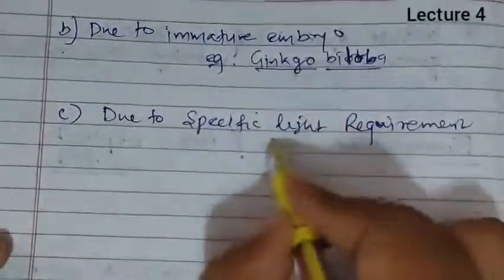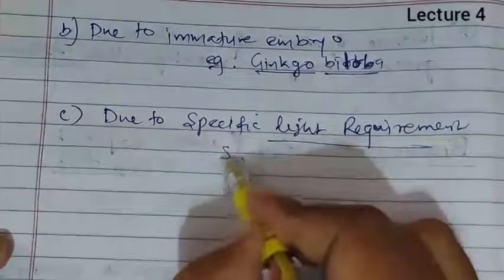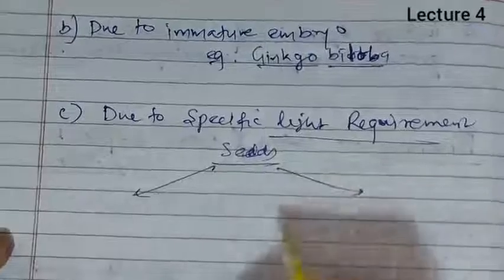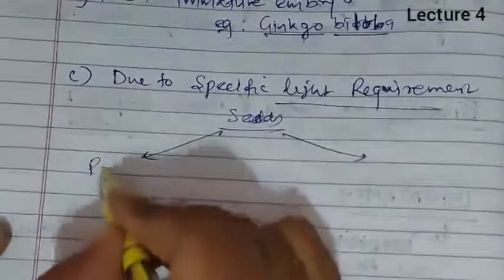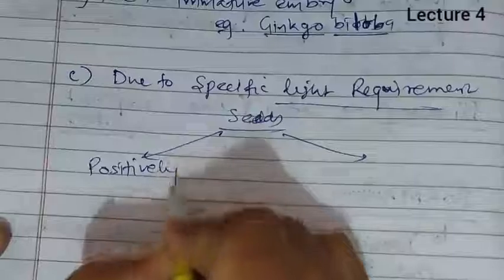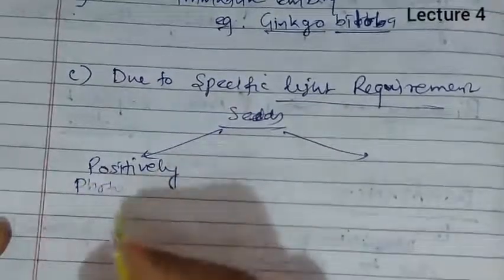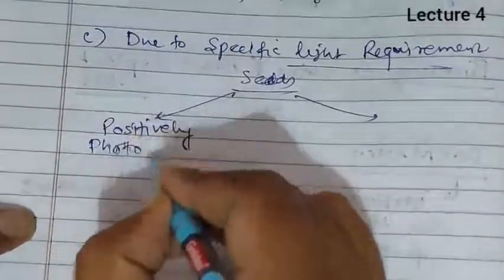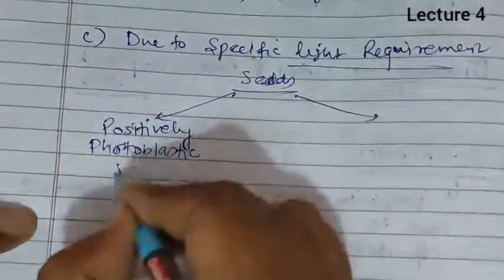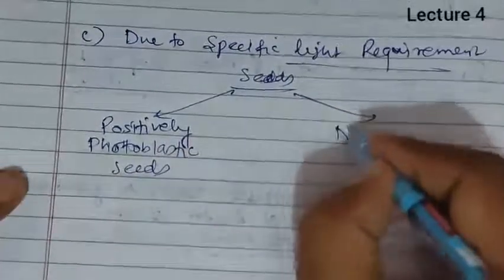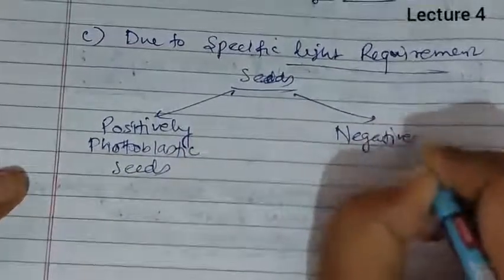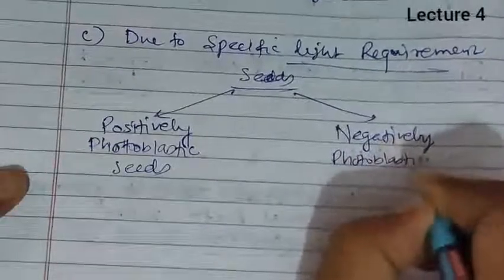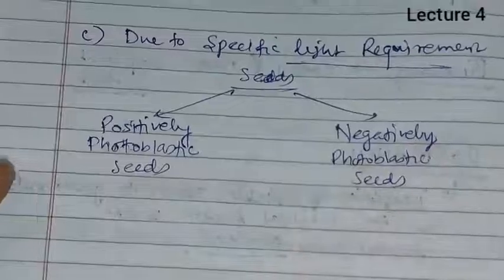Based on this light requirement, the seeds are of two types: positively photoblastic seeds and negatively photoblastic seeds.